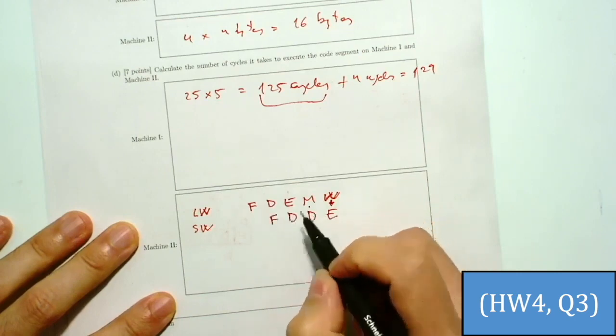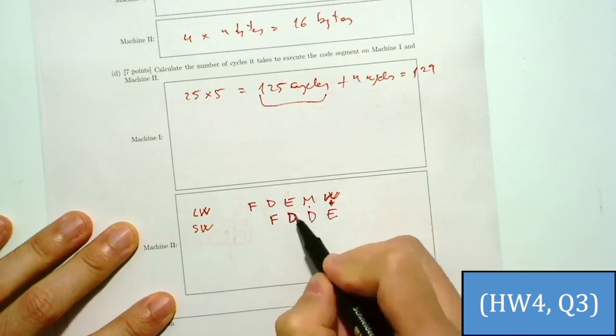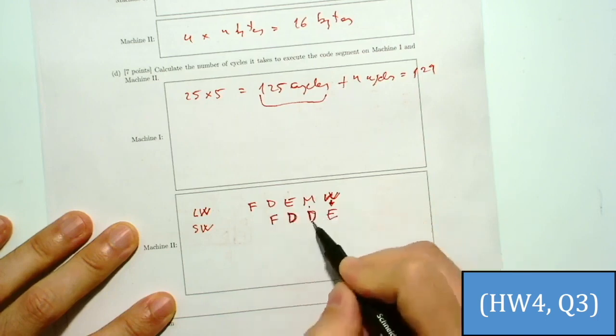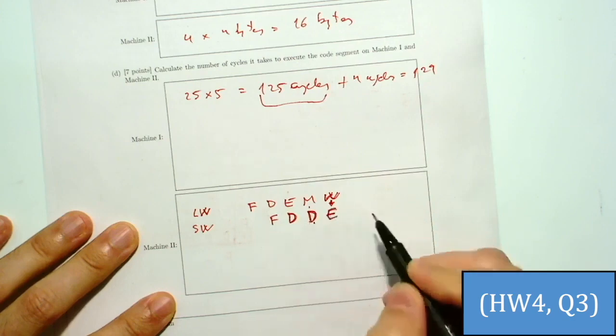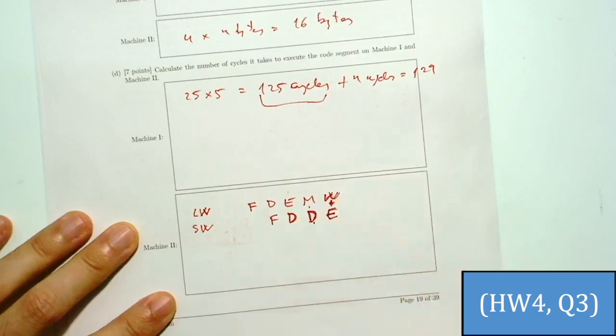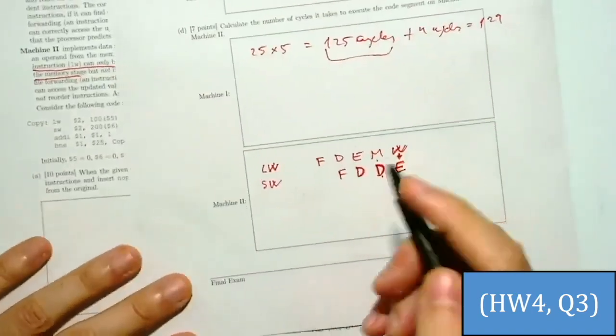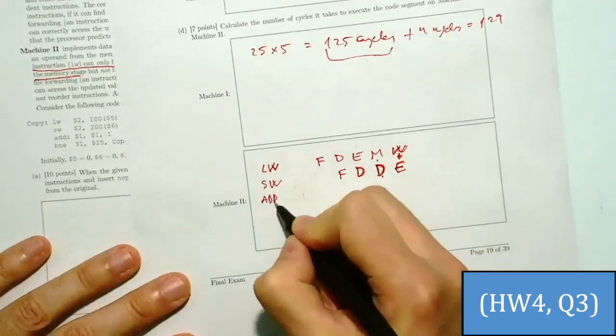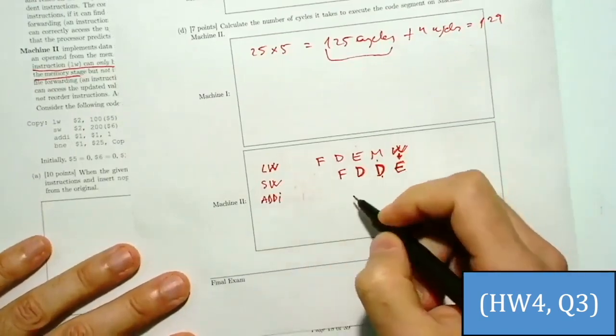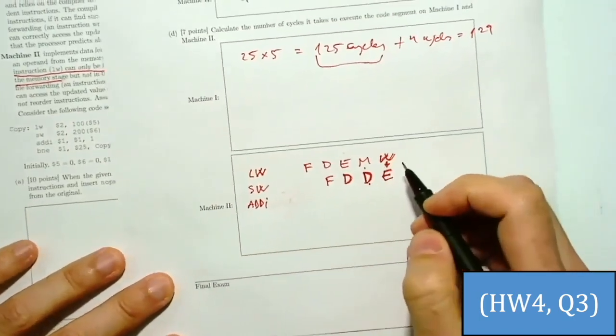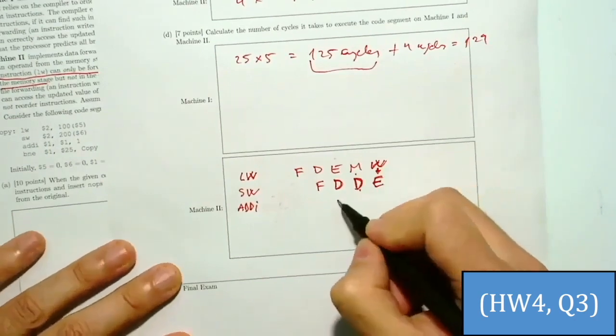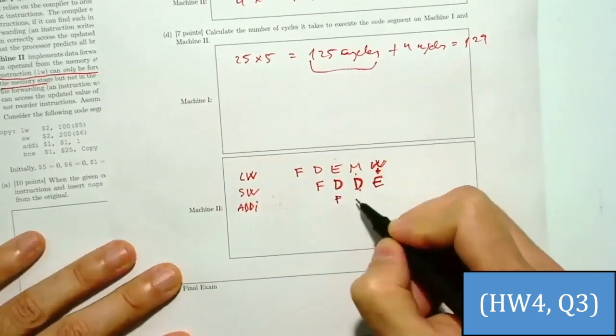So we have to stall here. We are not ready to execute in this cycle because we need to wait for the data here. So next instruction is addition. Basically, we fetch the addition.